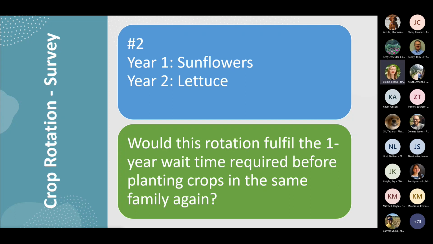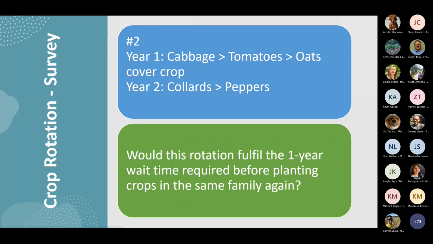Question 4. I'm so sorry. I got these slides numbering system all screwed up, so I apologize for that. But the content is correct. So year 1, cabbage, going to tomatoes.